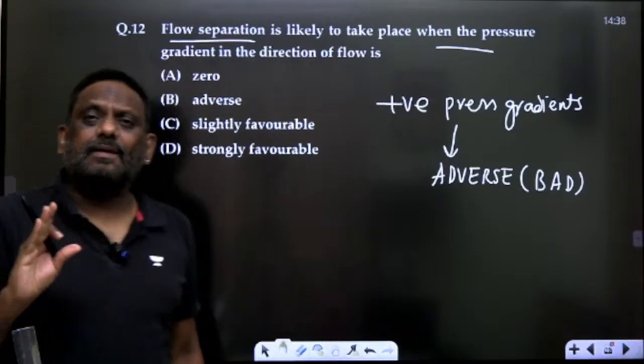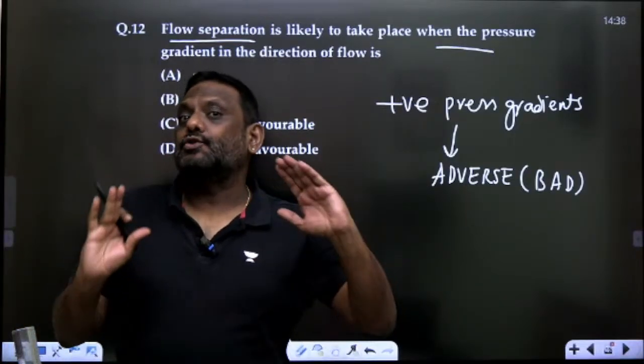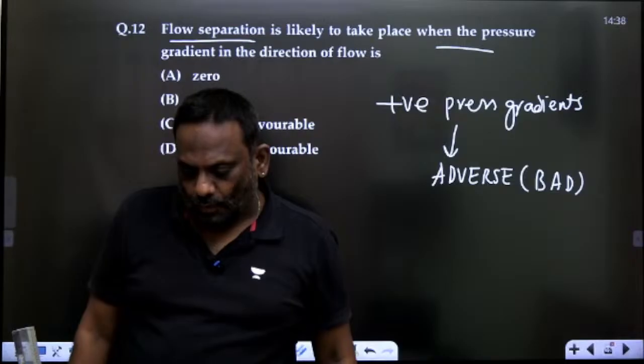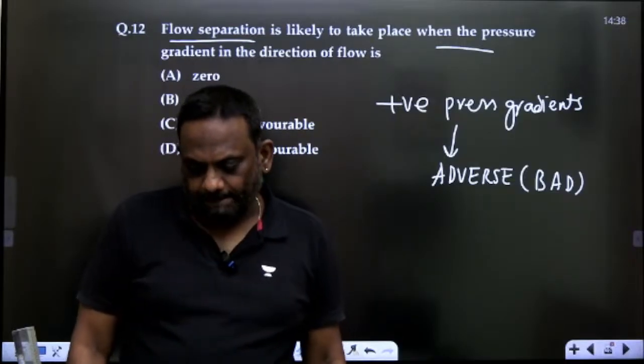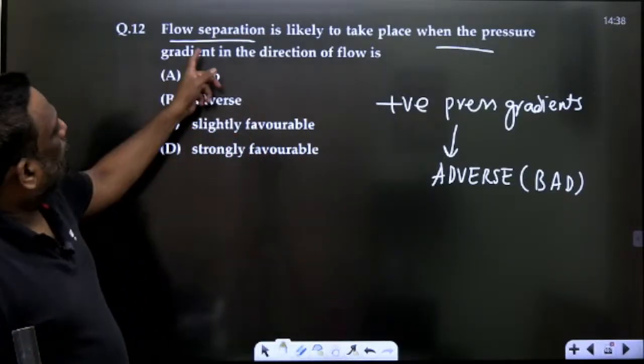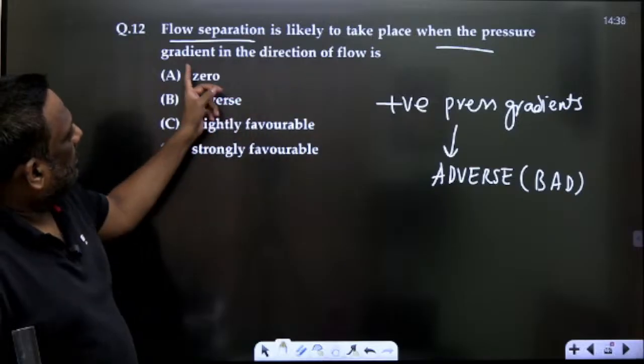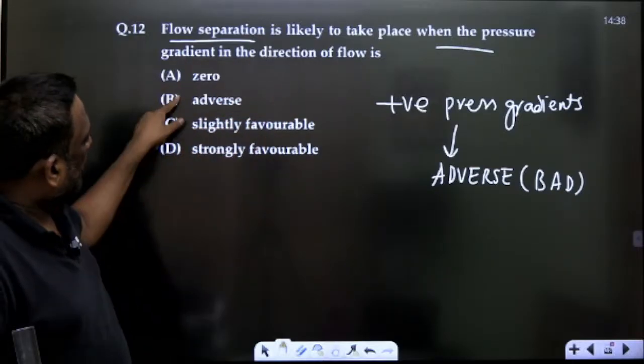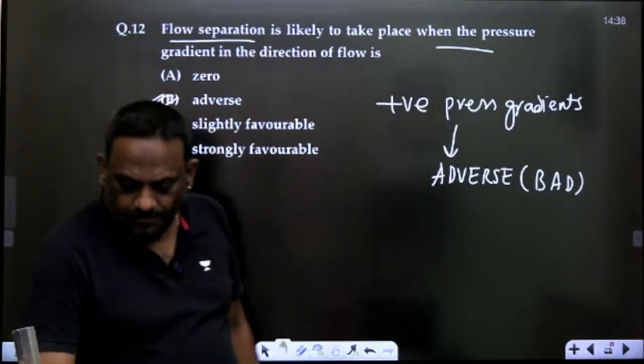Separation is not taking place in negative pressure gradients; they are also known as favorable pressure gradients. So what is the answer? The flow separation is likely to take place when the flow is in an adverse pressure gradient. Is it okay, sir?